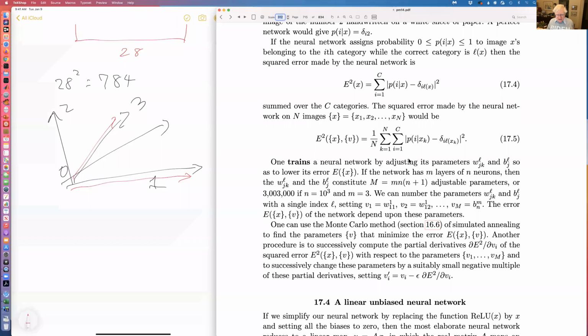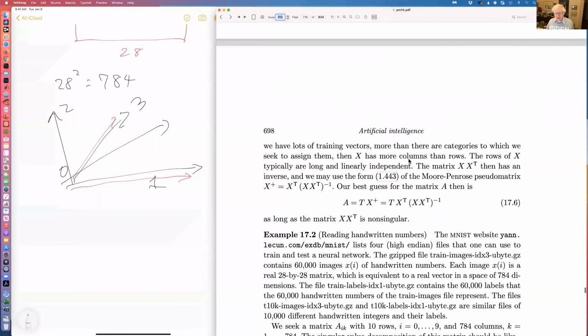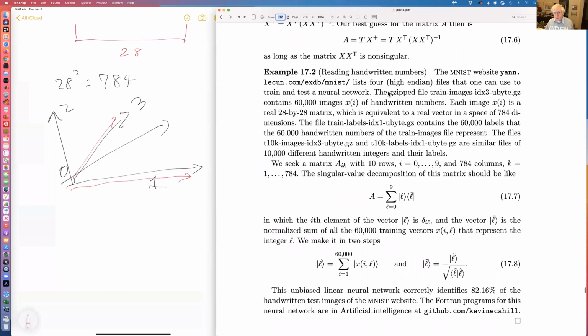And so it's the collection and the collation of the data, so that, for example, in this particular case, the data were 60,000 images of handwritten numbers, each of them 28 by 28, or they weren't written as vectors, but they were 784 values of between, I guess, 0 and 1. I don't remember where they were.